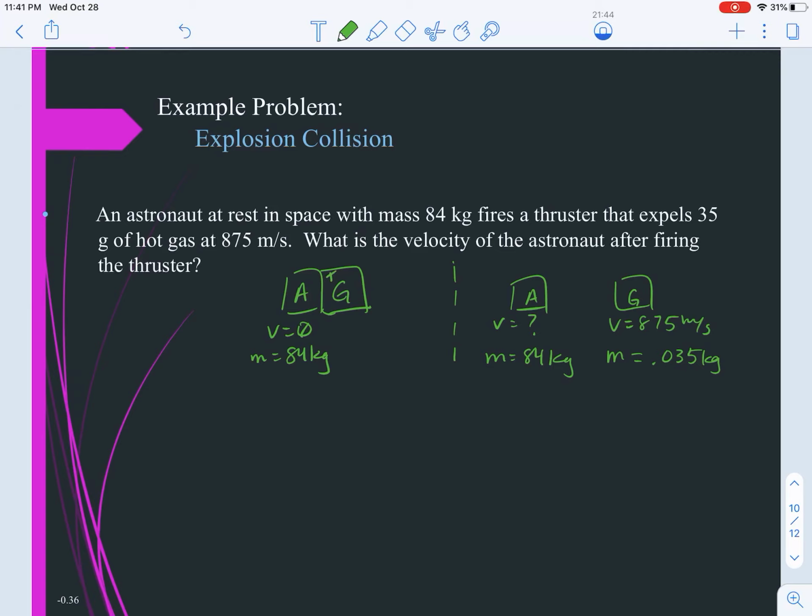But I am going to draw this so that the astronaut and then the thruster that he is connected to that contains the gas, that they are connected. So collectively they have one velocity, okay?